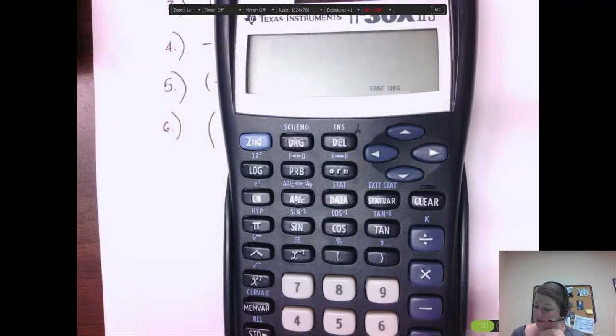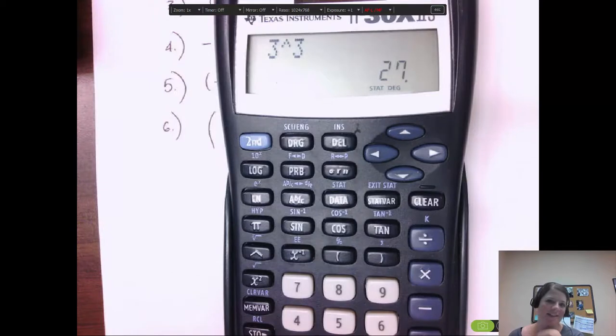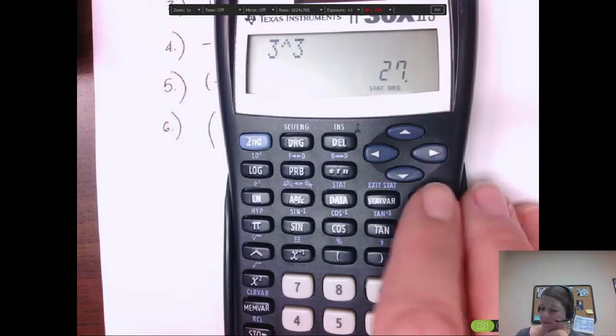So I can do 2 and then to the 3rd, and that means 2 to the 3rd, and we should get 27. I mean, not 2 to the 3rd. What did I do? 3 to the 3rd. Sorry, that's not 27. 2 to the 3rd is 8. So 3 to the 3rd, and I should get the 27 I just got. So this key here is an exponent key, and that could help you.